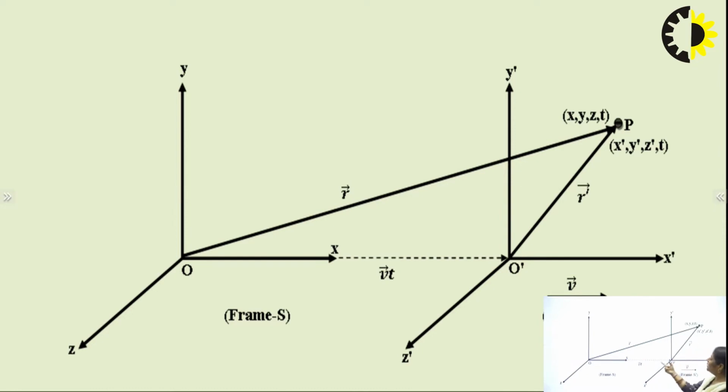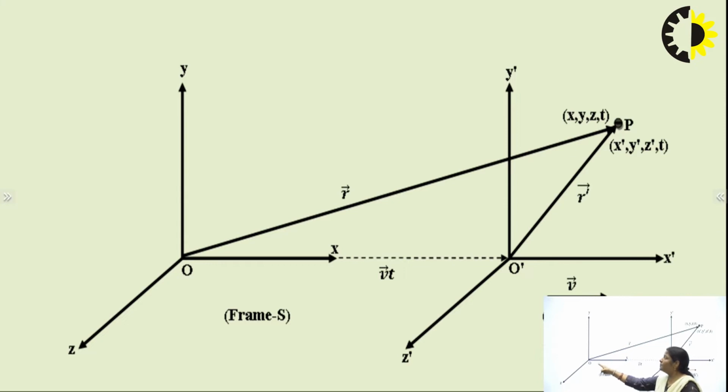And what else is the person saying? The person is saying that in time T, this frame S dash has travelled a distance how much? Vt. V was the velocity of S dash and T is the time.